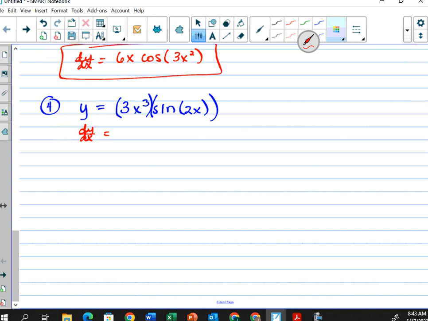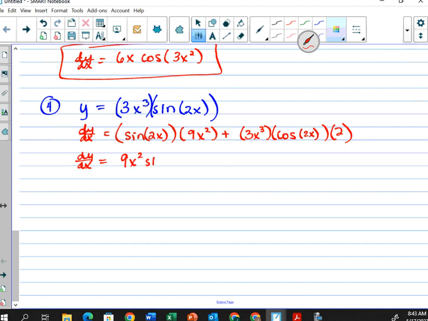All right, guys, let's look at it. Did we get 9x squared sine of 2x plus 6x cubed cosine of 2x?